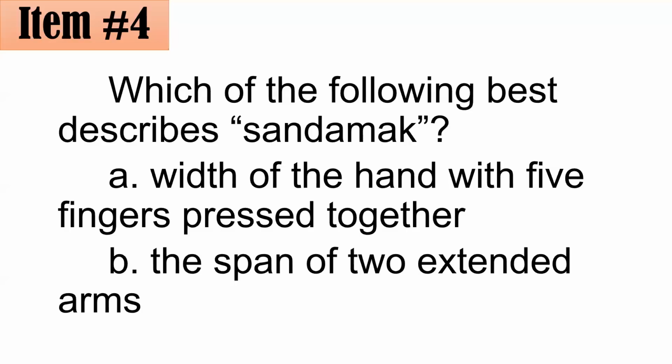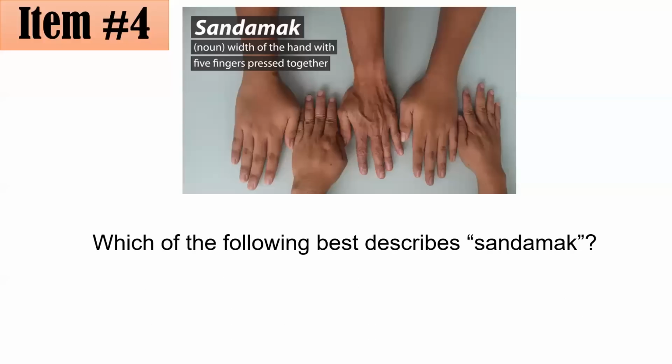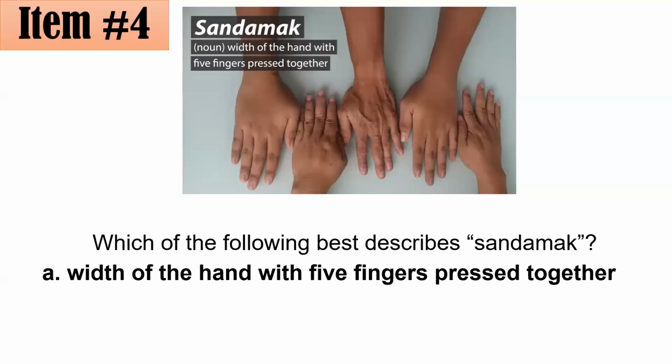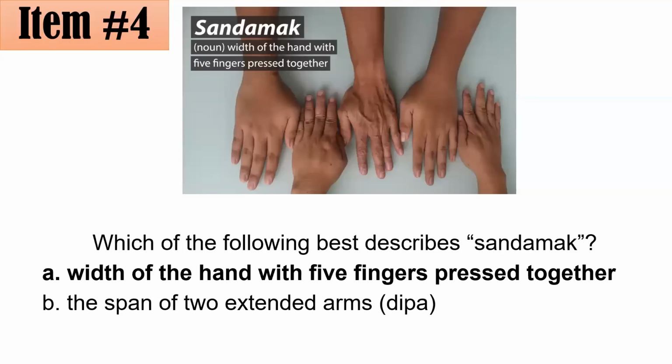The correct answer here is letter A. Sandamak po is the width of the hand with 5 fingers pressed together. Yung letter B option naman po, the span of 2 expanded arms is what we call tipa. No? Letter A ang tamang sagot. So ito po, from here to here, sandamak po yan. Letter A.